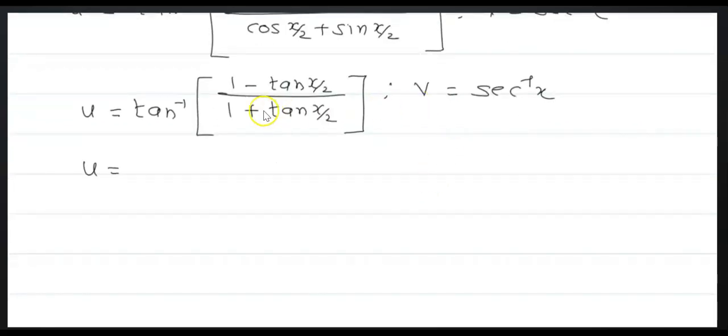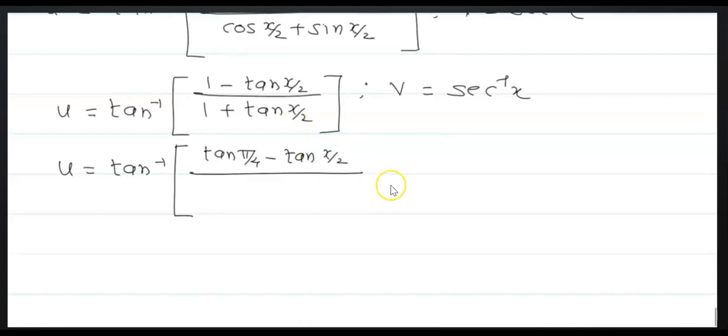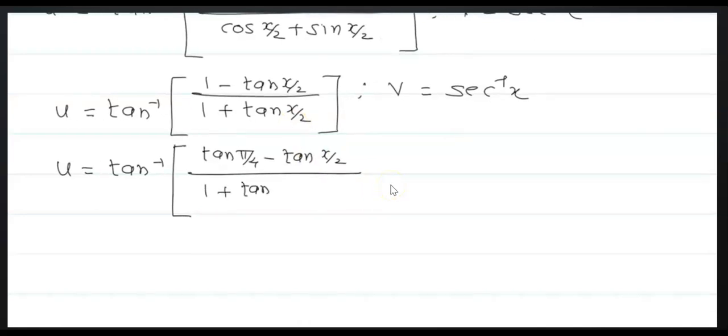Now again, this is the expansion of 1 minus tan of x by 2 upon 1 plus tan of x by 2, and that is nothing but tan of pi by 4 minus tan of x by 2 upon 1 plus tan of pi by 4 into tan of x by 2.